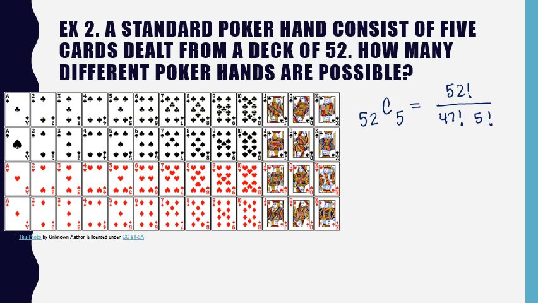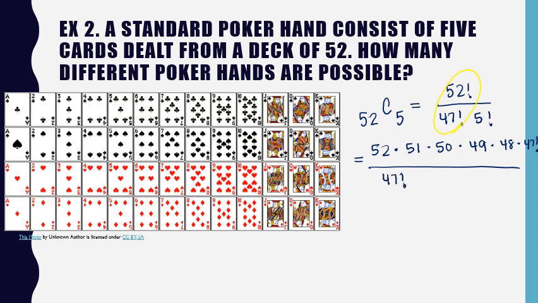Okay, from the previous lesson, we know we're going to try to cancel these out. So we're going to write this out as 52 times 51 times 50 times 49 times 48 times 47 factorial, and then times 47 factorial times 5 times 4, 3, 2, and 1. So this 47 factorial is going to cancel out with the 47 factorial on the bottom.